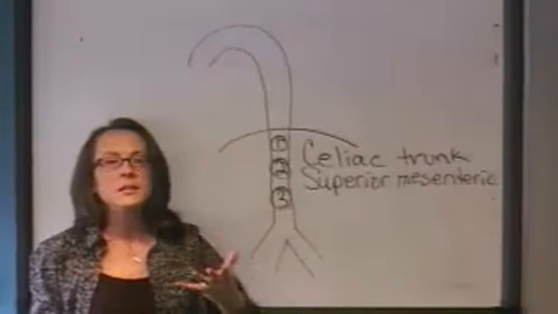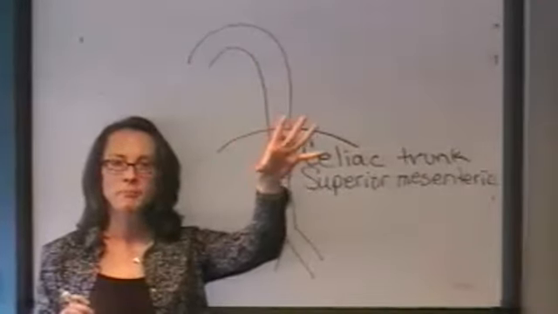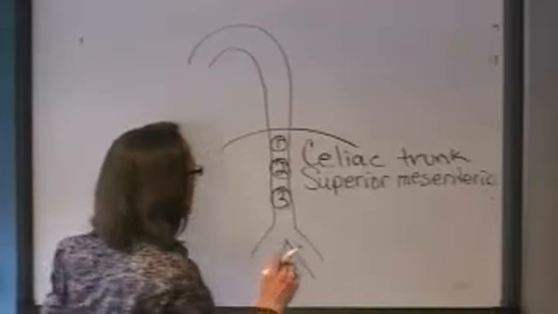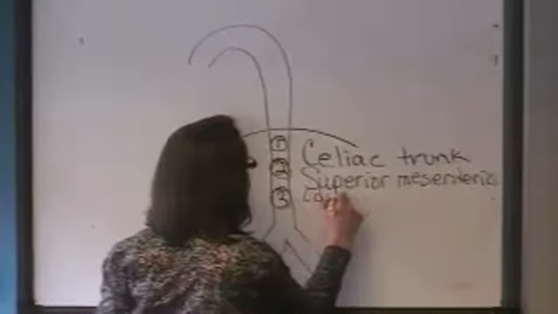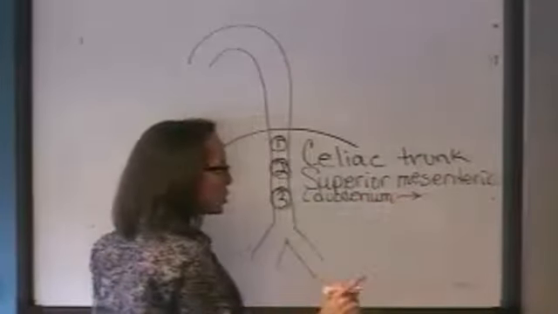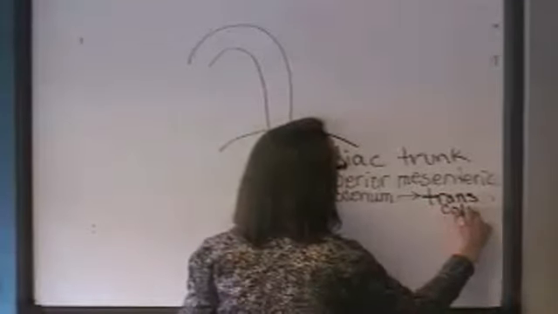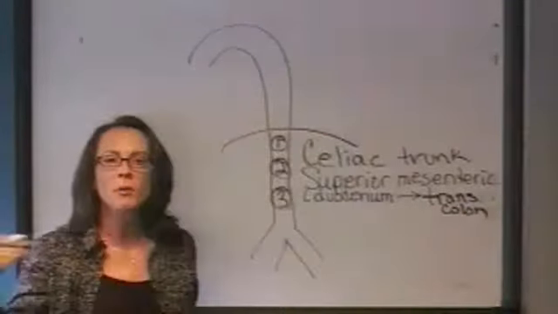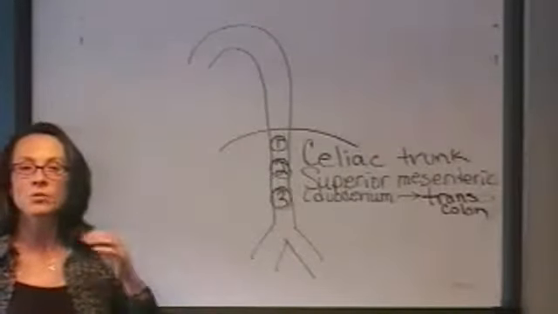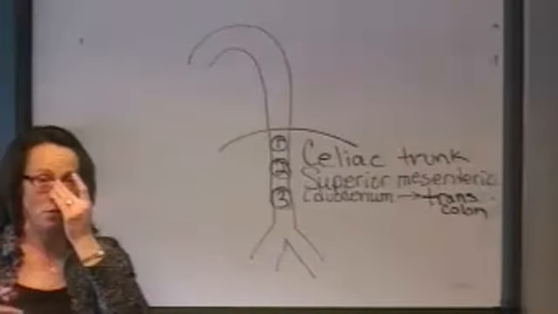So an easy way to remember is superior mesenteric goes from duodenum all the way through to transverse colon. Once you have all the parts of the GI tract memorized, you will know all the individual parts that it goes to. But the range is duodenum to transverse colon.